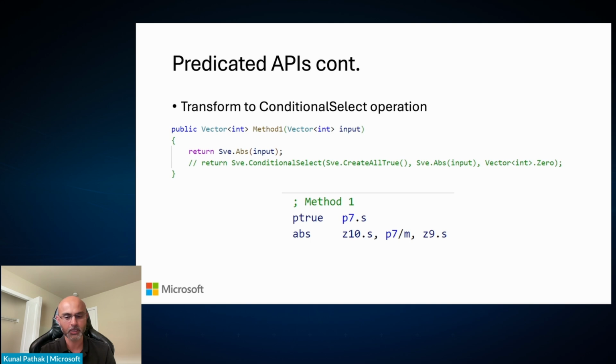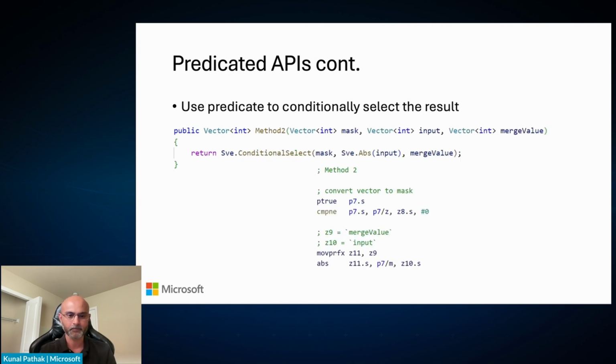So it says all the lanes need to be calculated, and for the true value, it will calculate the absolute value for all the lanes. And since there are no inactive lanes, the third operand that you see here will not be used. So basically we are achieving the same parity that the instruction meant to have. Just by doing this wrapping in the JIT itself, we are able to accomplish the instruction's purpose.